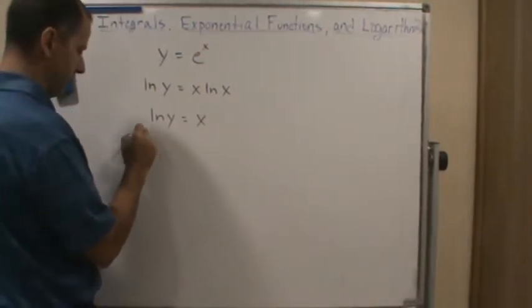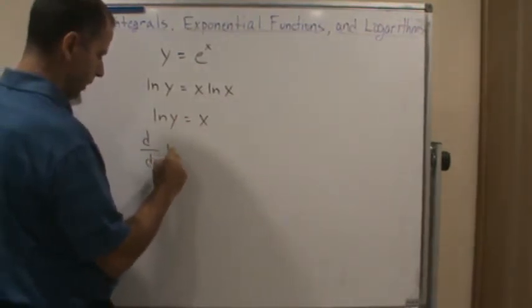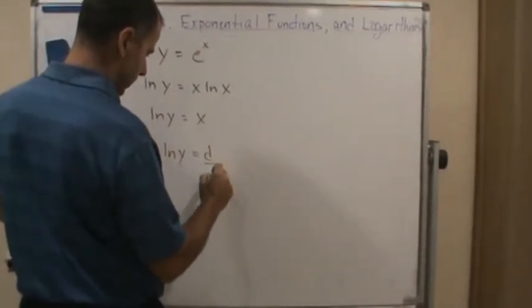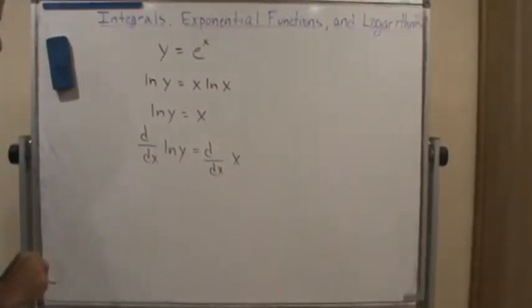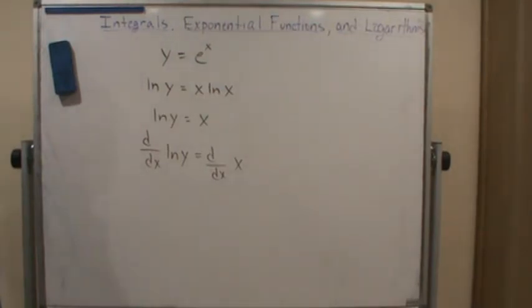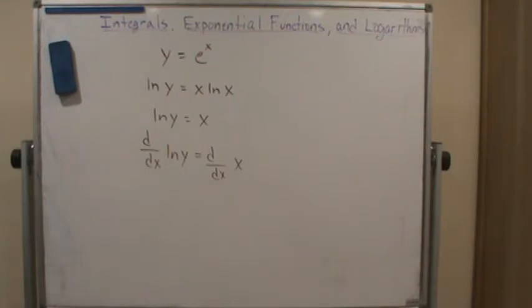So we're going to take the derivative with respect to x of the natural log of y, and we're going to take the same thing over here. Right? So far so good?